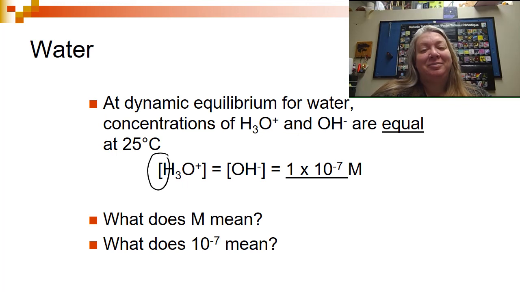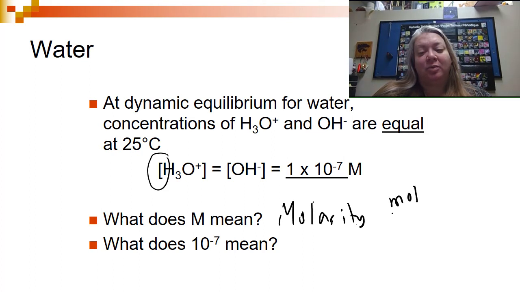Big M is molarity. And if you remember, molarity is moles over volume in liters. So moles looks at the amount of the substance, and then liters is that volume. So we have a concentration. Well, what does 10 to the negative 7 mean? That means that we have a really tiny number. So let's see here.